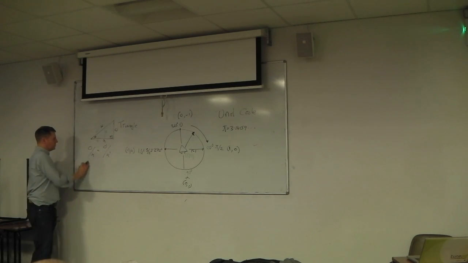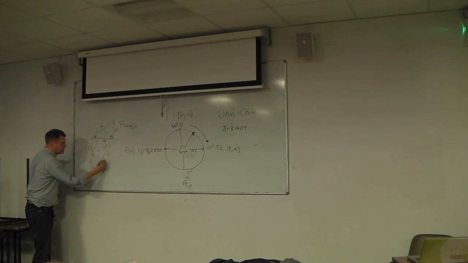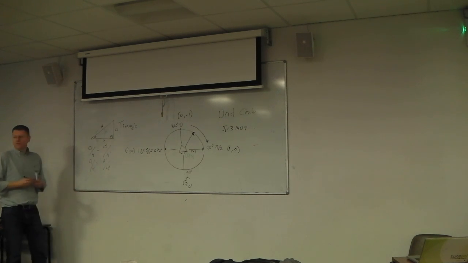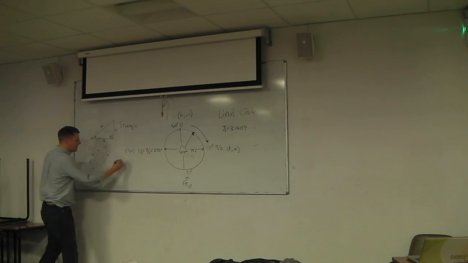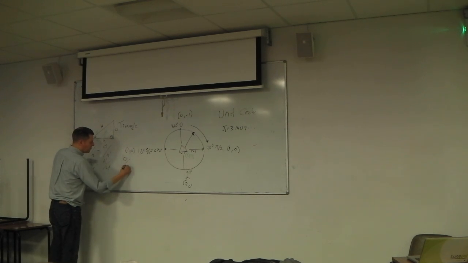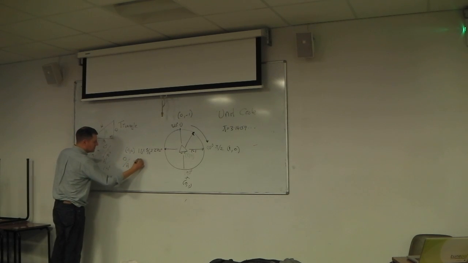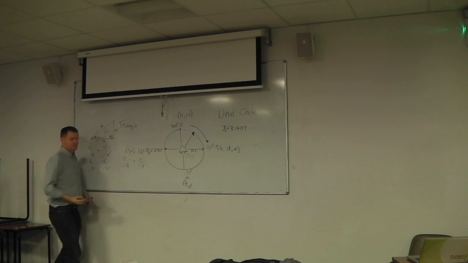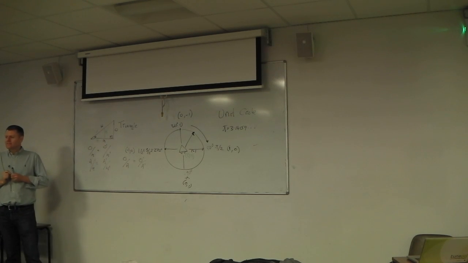You can also take those other ones. You can say that A over H is the same as A prime over H prime. And you can also say that O over A is the same as O prime over A prime. Happy?